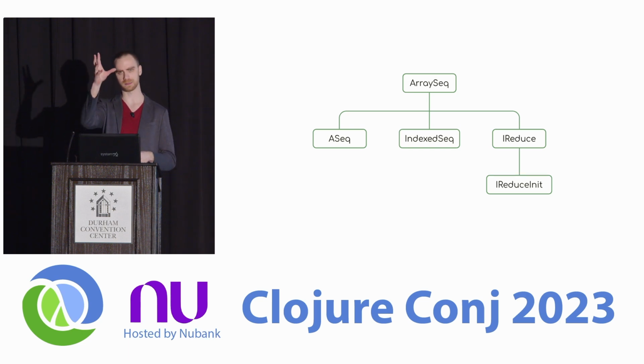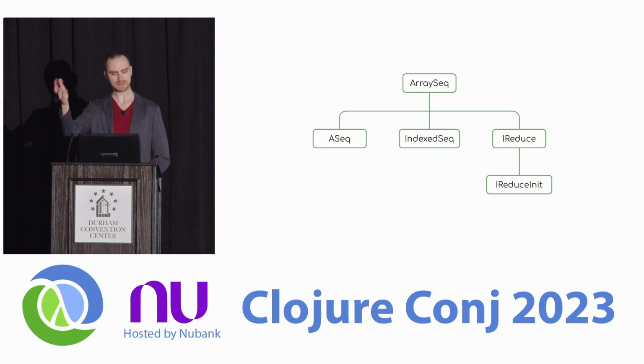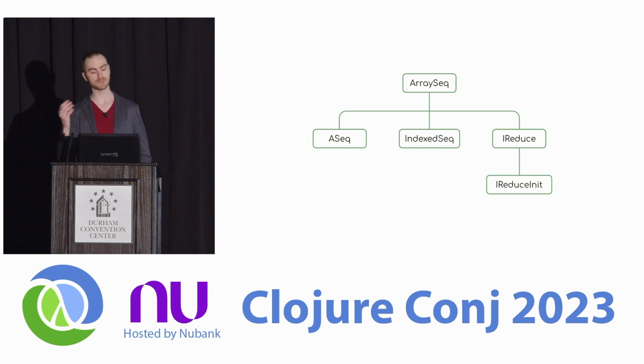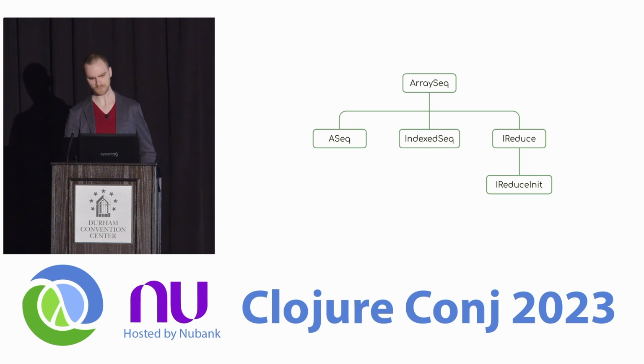So where you have ampersand args. An ArraySeq inherits from ASeq and IndexedSeq and IReduce, and then IReduce inherits from IReduceInit. Not so bad. So if you wanted to implement ArraySeq in your language because you want to implement packed args for variadic calls, then this is what you're looking at to implement.